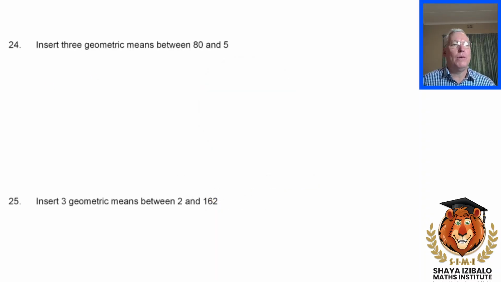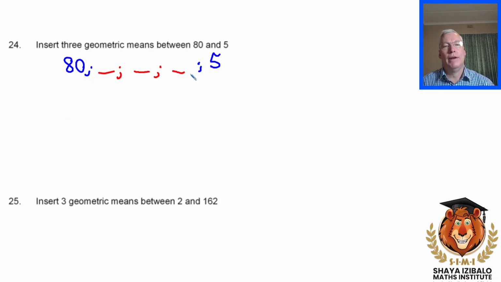Okay, so this one, we're trying to put 3 geometric means between 80 and 5. So we want to put 3 numbers in the middle here so that all of them form a geometric series. What number term is this going to be?